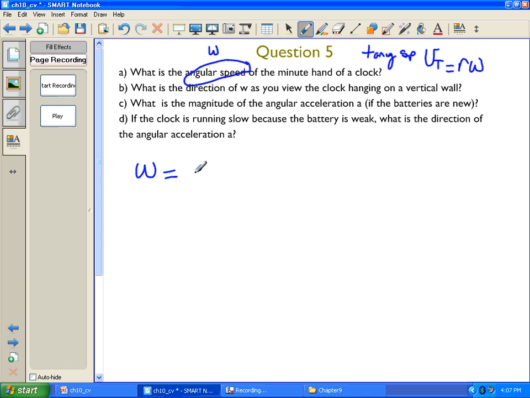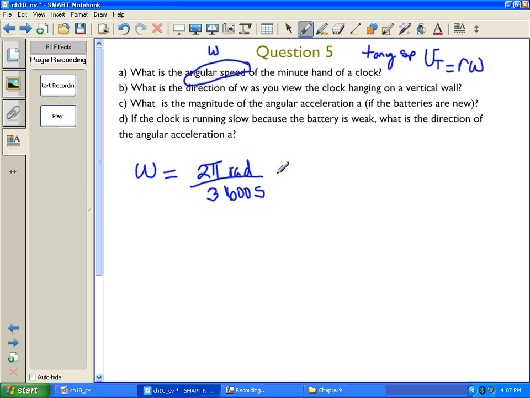Well, we know that the delta theta of a complete rotation is 2 pi radians, and the time to complete a full rotation for the minute hand is 60 minutes, which is 3,600 seconds. It's in a sense the orbital period of chapter 6, if you recall, or chapter 13.